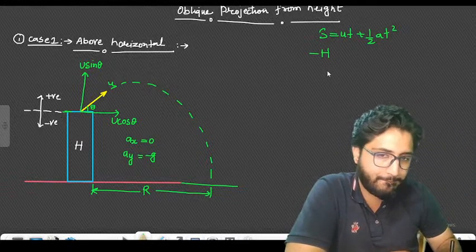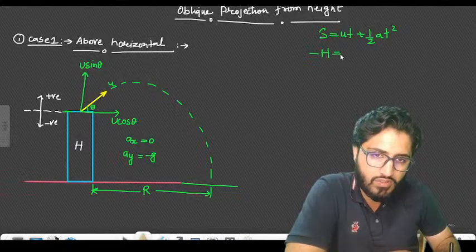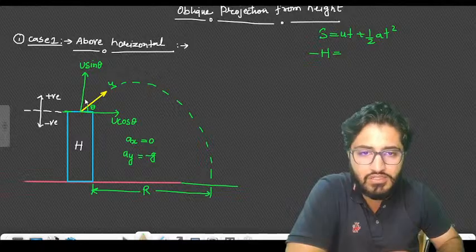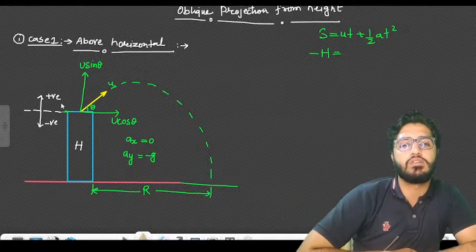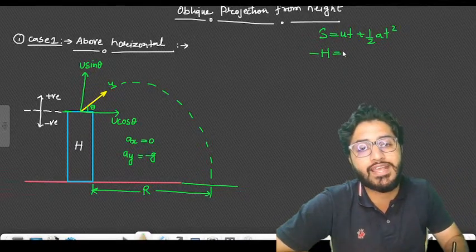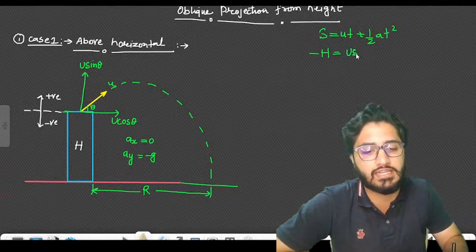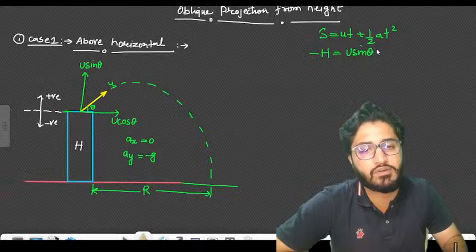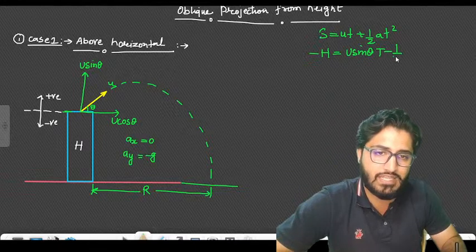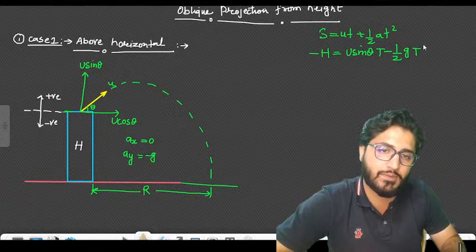And u, what is u? Which one is responsible for the height things? I guess u sin theta. I can write plus u sin theta, and time will be t, and a is minus g, so I can write g t square.